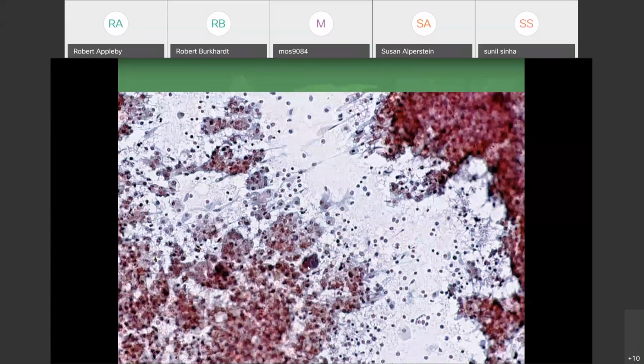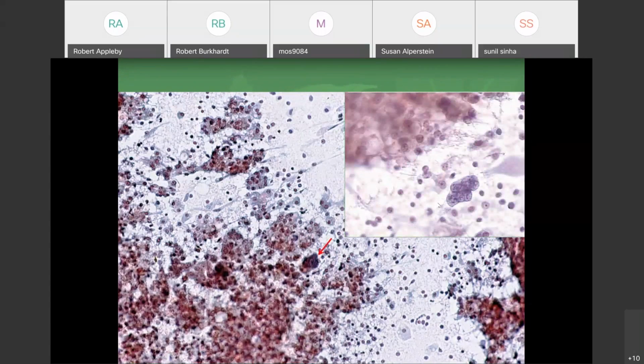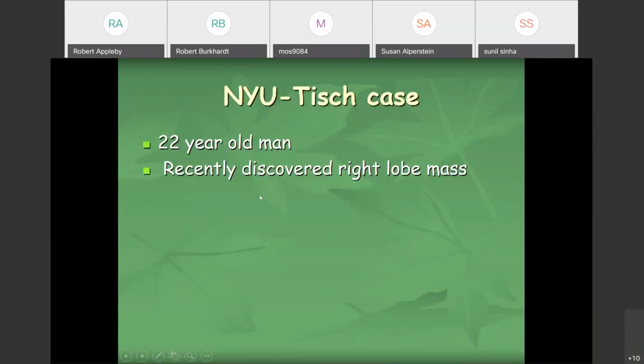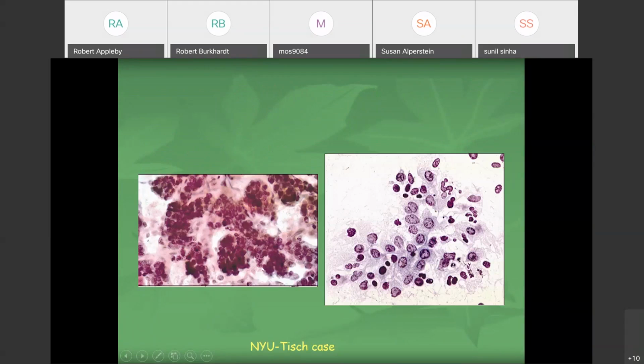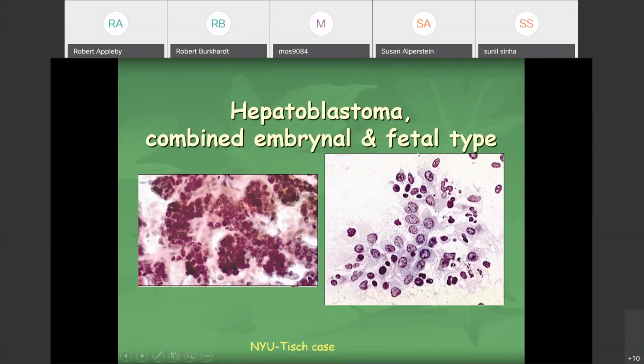See, here you have megakaryocyte. This is phenotype. And then I have other types. This is embryonal type and phenotype. In that particular case, it's combined embryonal and fetal type.